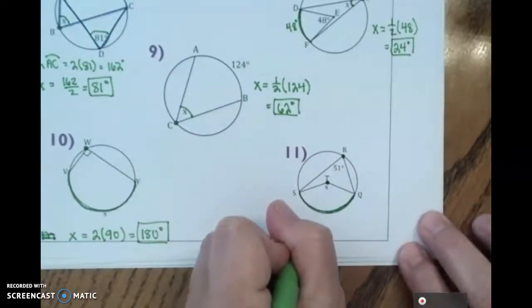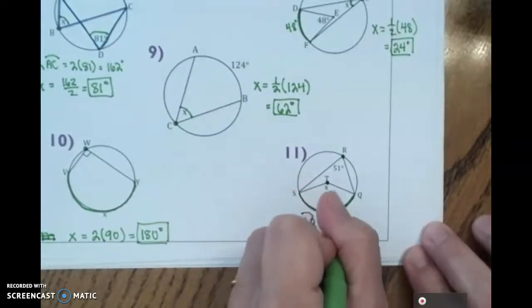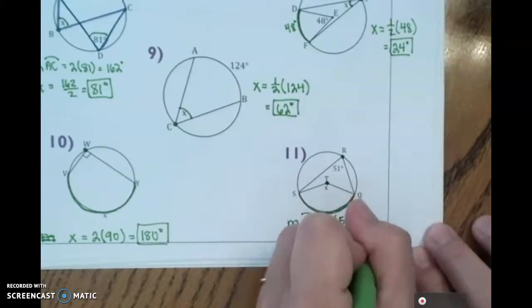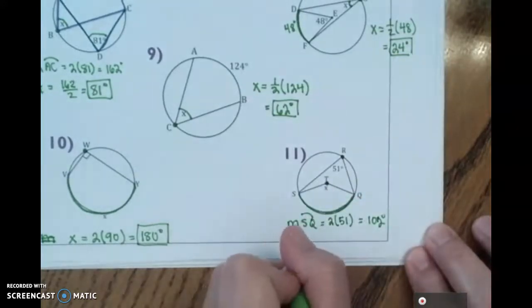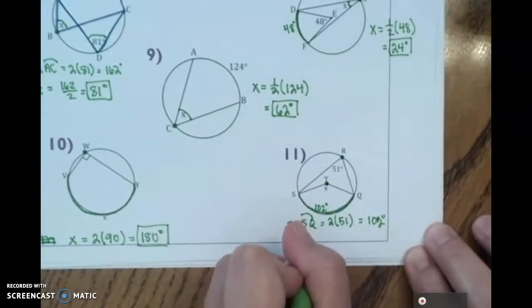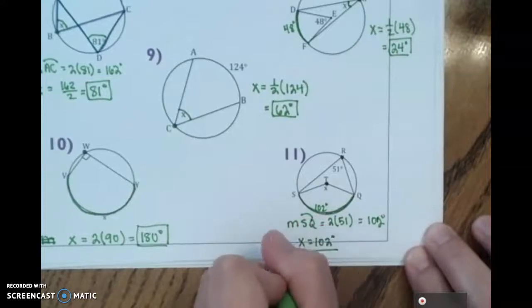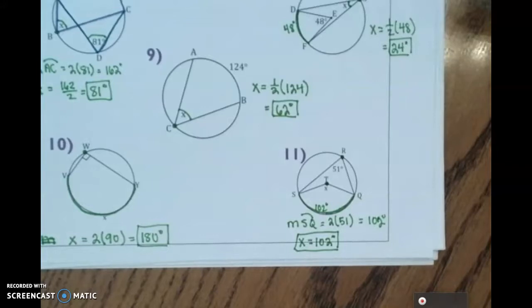So we're going to say the measure of arc SQ is equal to 2 times the inscribed angle, so 102 degrees. Therefore, if this is 102 degrees, the central angle is 102 degrees. So it's really just memorizing the rules, guys.